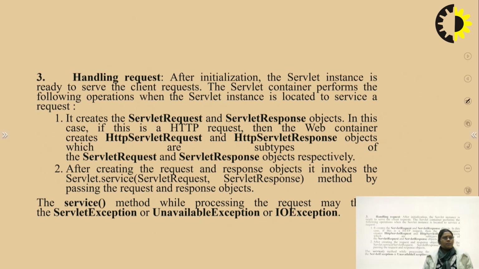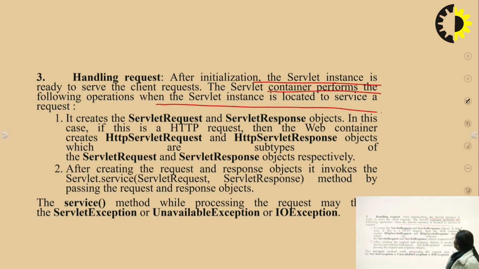Now, the third step is handling the request. After initialization, the servlet instance is ready to serve the client request. Once your init function is invoked, and a request comes from the client, the service method will be invoked. The servlet container performs the following operations when the servlet instance is loaded to service requests.